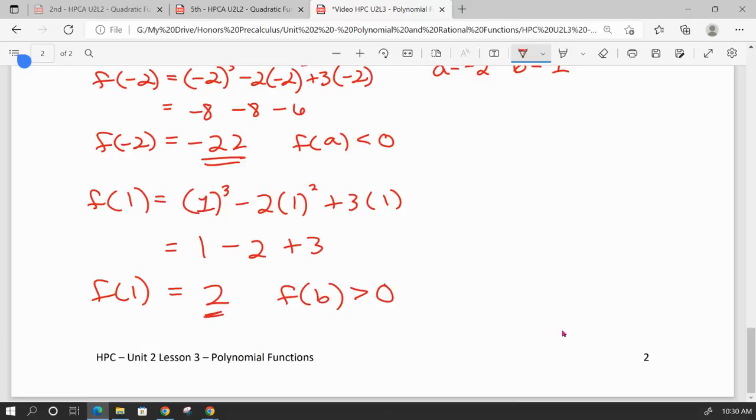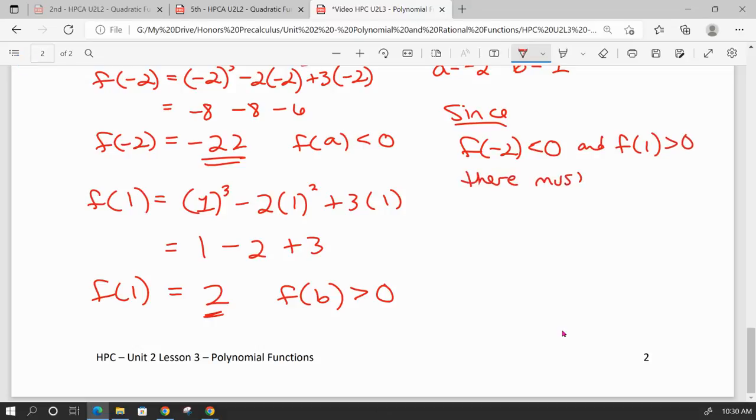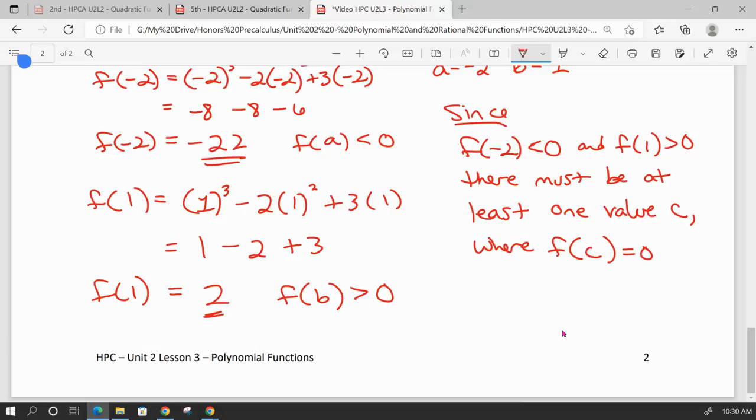Then that tells us, since f of -2 was less than 0 and f of 1 is greater than 0, there must be at least one value c where f of c equals 0, which basically means it crosses the x-axis somewhere in the interval -2 to 1.